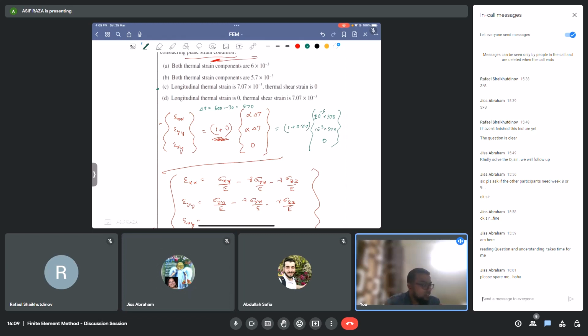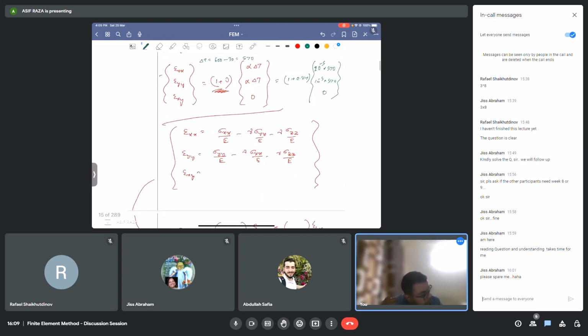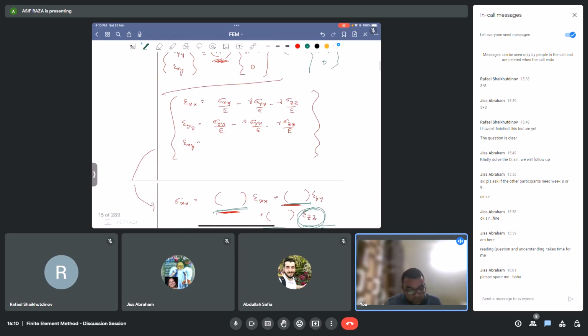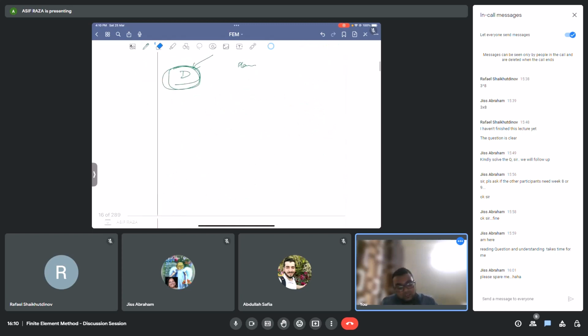Normally every body is a general body, but we do have special cases where we can ignore other effects. So we have solved for plane stress and plane strain conditions, and accordingly the governing equations have been modified so that our calculation becomes much simpler.